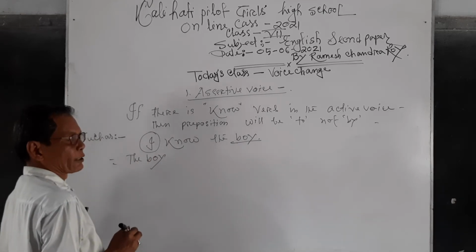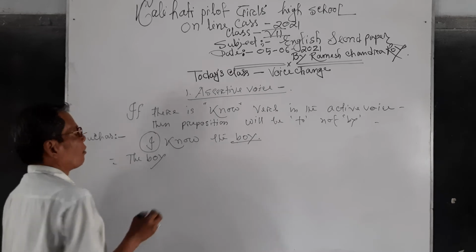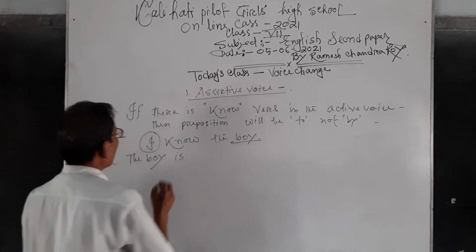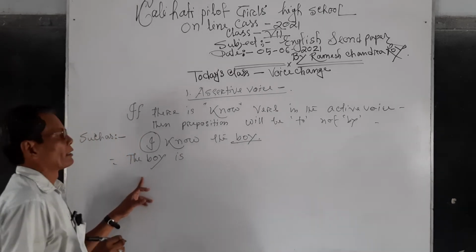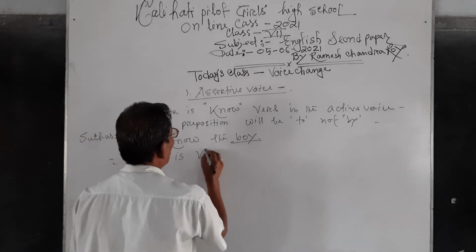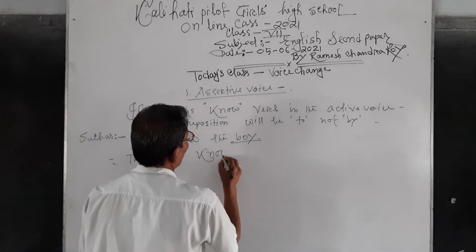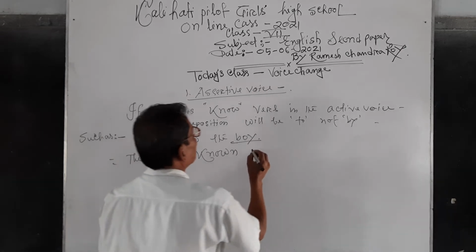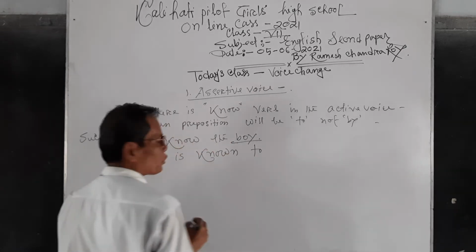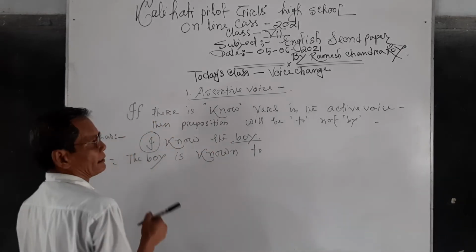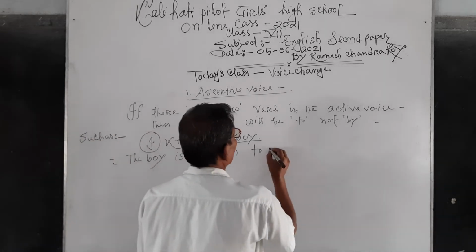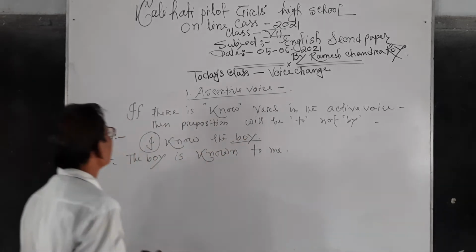It is present form, that is why it is present indefinite. Auxiliary verb is, because the boy is third person singular. Preposition to, not by, and the object of I will be me. Okay?